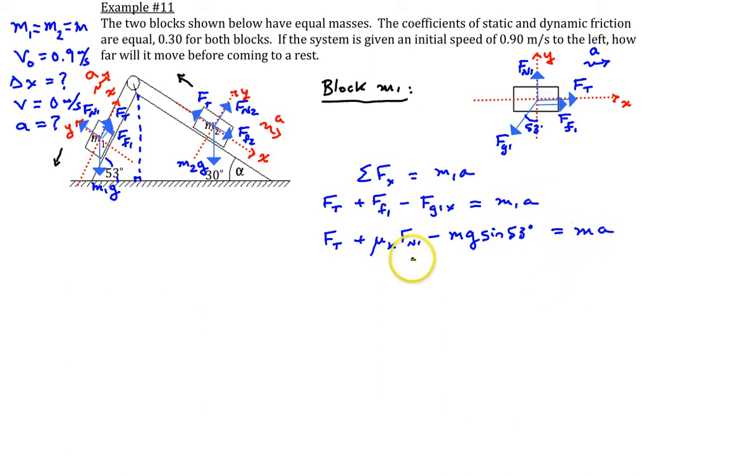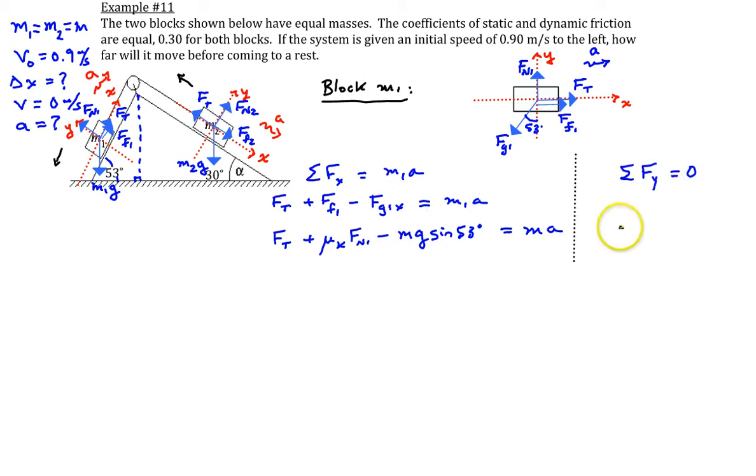Okay, now I need to take this a little bit further and find out the normal force. So let's look along the y-axis here. The sum of the forces in the y equals 0. Maybe I'll just rearrange this page a little bit more so I have some more space. Okay, so here I've just rearranged it. So now along the y-axis here, the normal force Fn1 will be balanced out by the y component of that force of gravity, Fg1y.